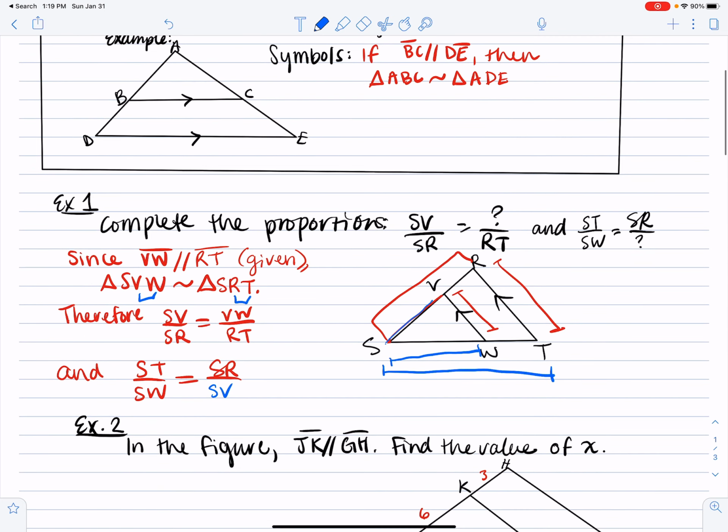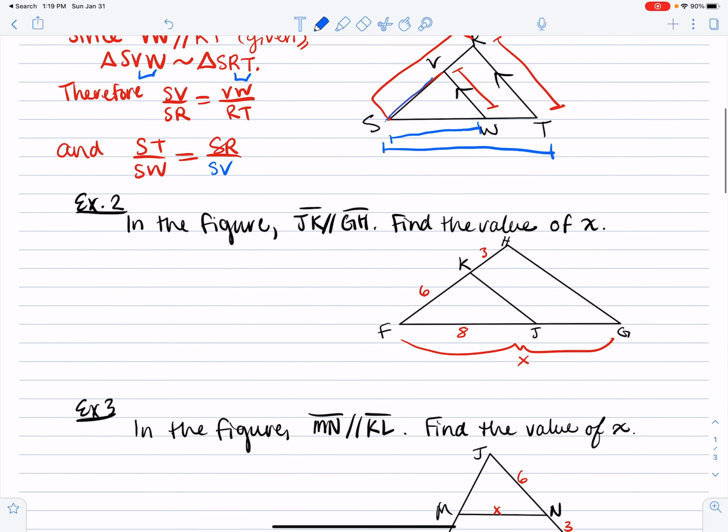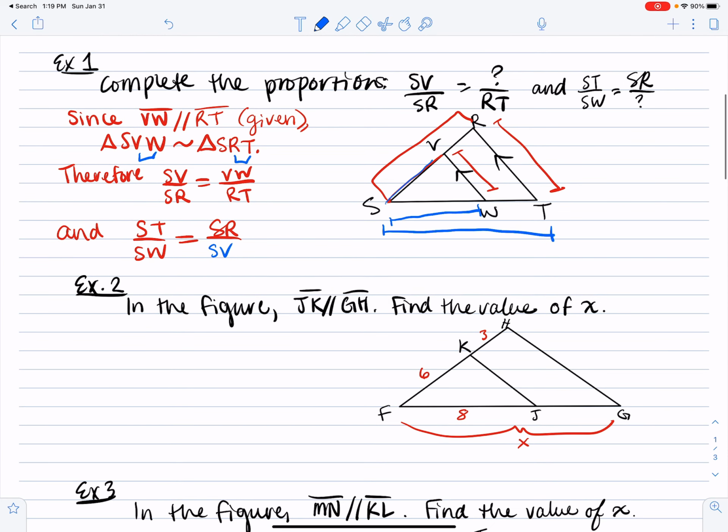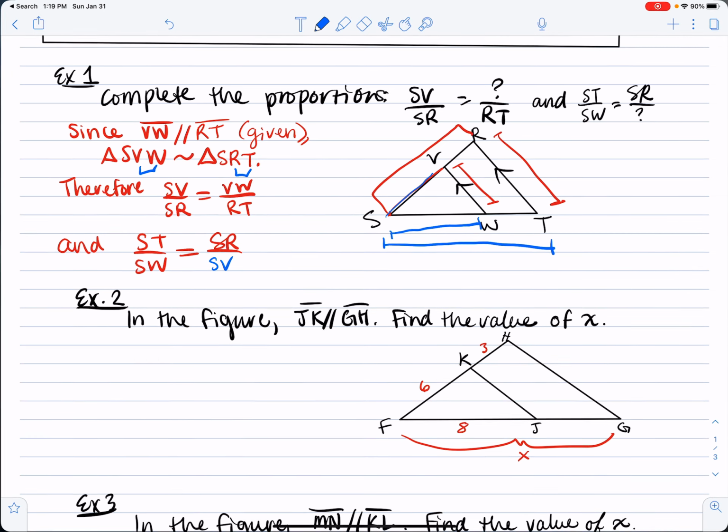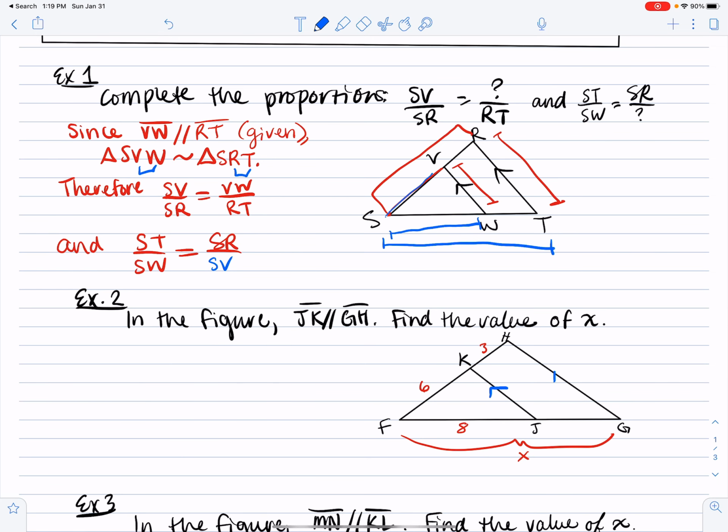All right, example number 2. In the figure, JK is parallel to GH. So I'm going to mark that up. JK is parallel to GH because that's given. We need to find the value of x, which is this whole side FG. We need to write down what we know before we can solve this, just like in the one above.